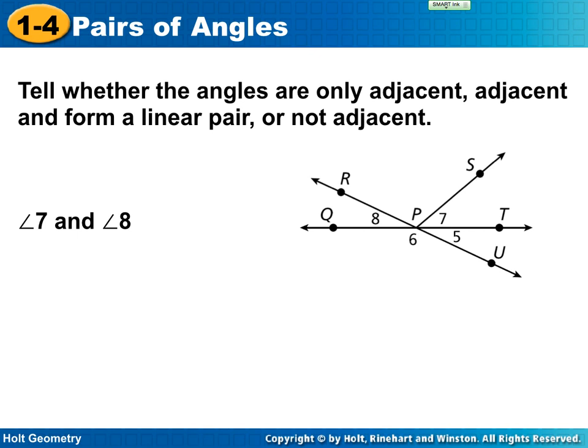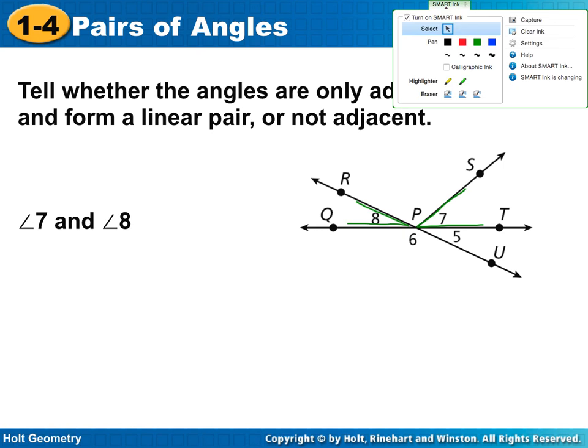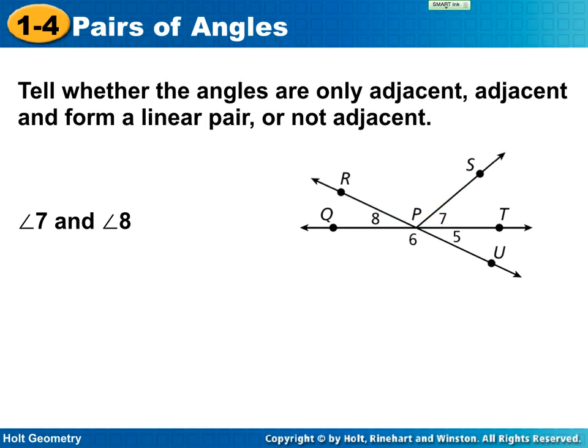What'd you think? All right, why are these not a linear pair? Because they're not adjacent. Angle 7 is made up of those two rays. Angle 8 is made up of these two. None of those rays are the same. Okay, let's go to the next terms.